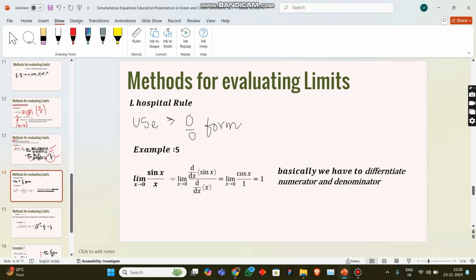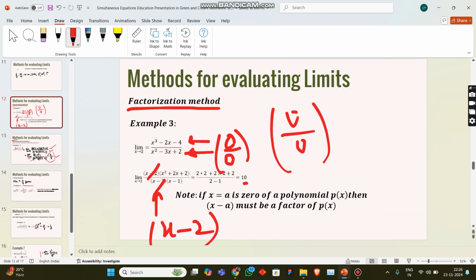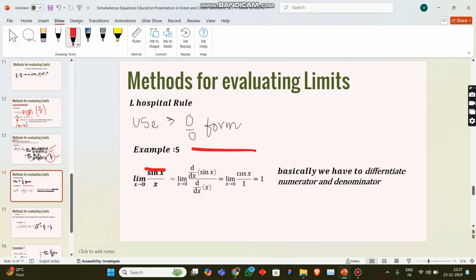Now there is a very interesting rule, the L'Hopital rule. L'Hopital rule is only applicable for the 0 by 0 form. Suppose we have any 0 by 0 form, like this also. We can apply it on this also, but we are just looking into this example, sin x by x.